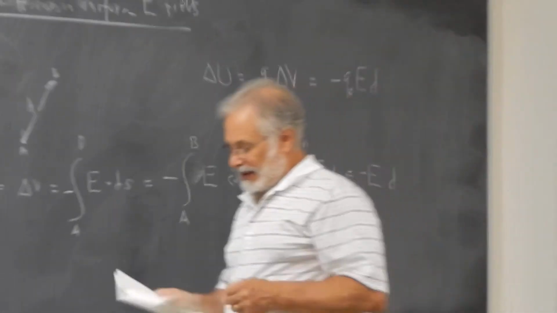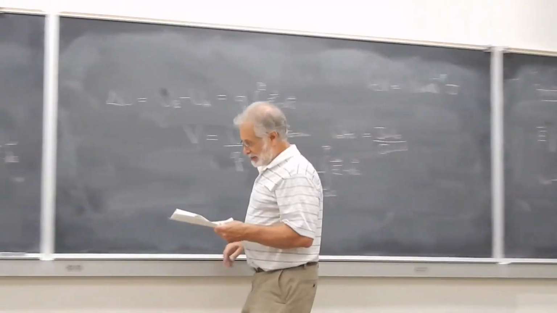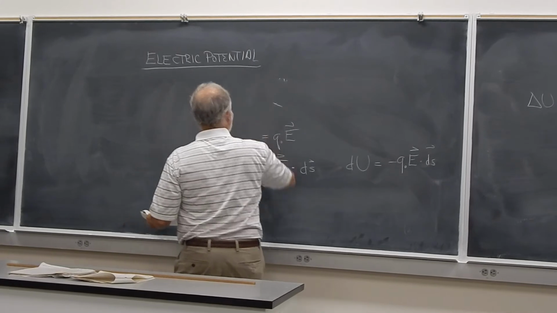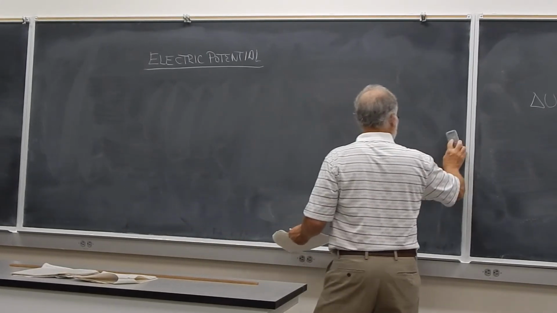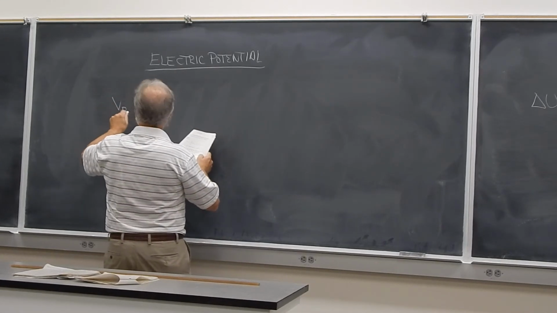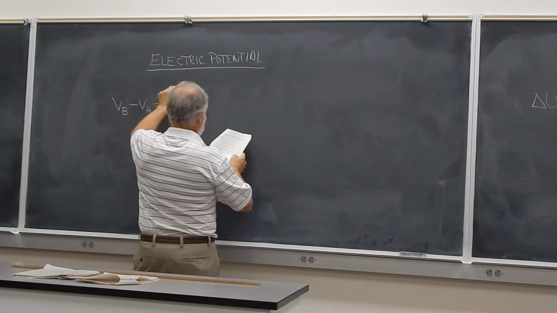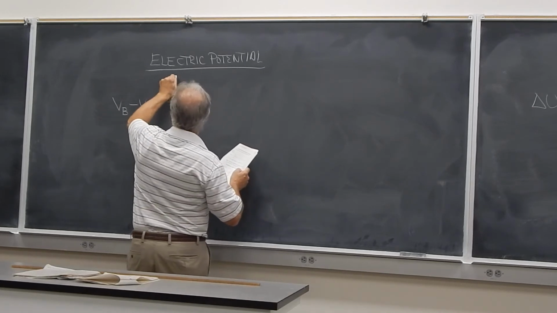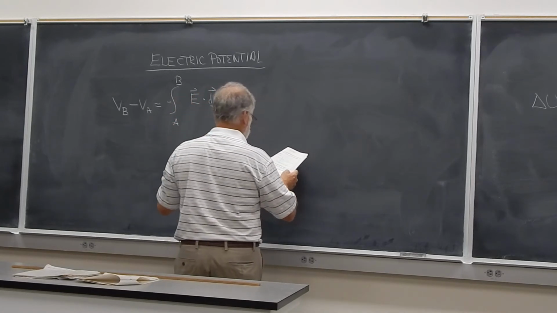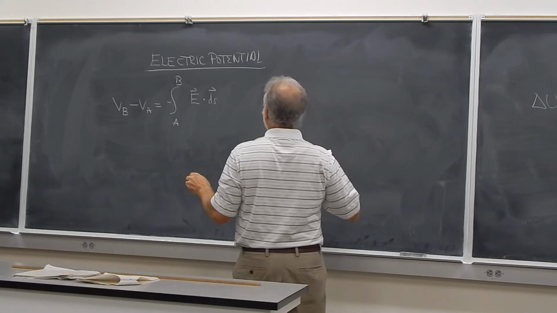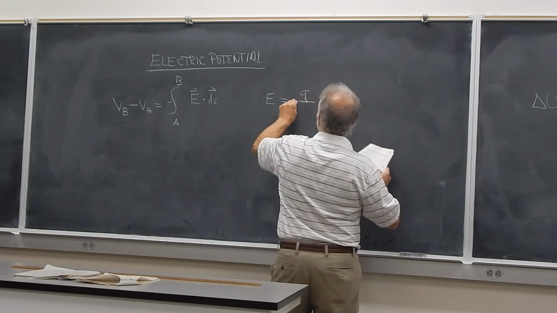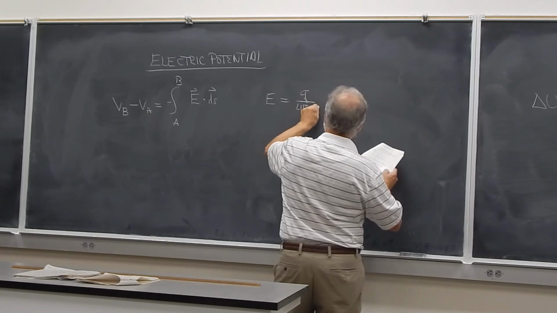Let's look at electric potential and potential energy due to point charges. In the case of point charges, I can write my electric field as Q over 4 pi epsilon naught r squared.